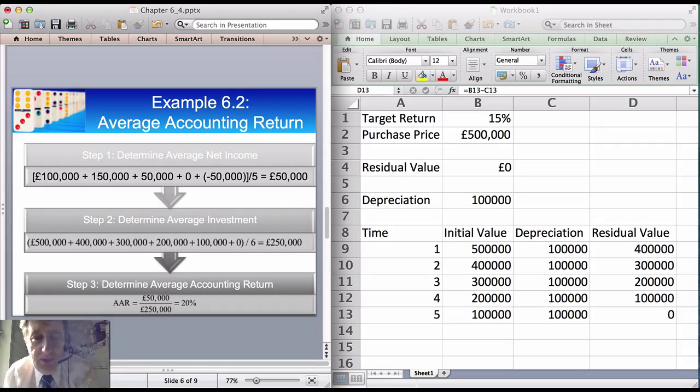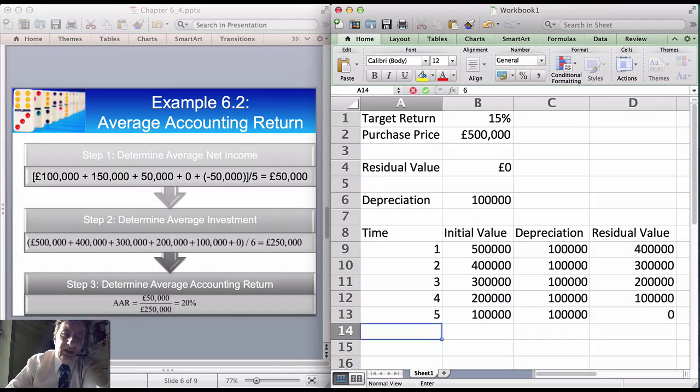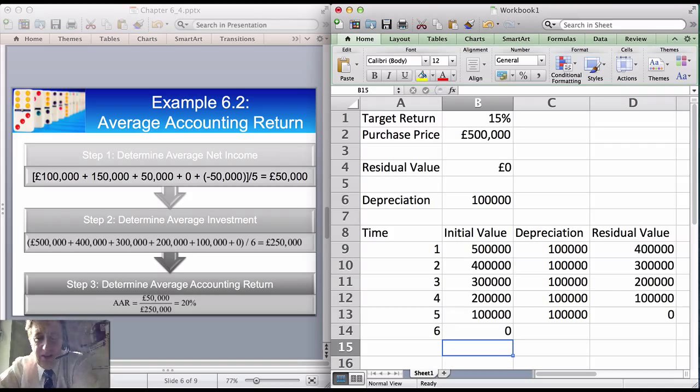Now, how do we calculate the average investment? Well, the average investment is slightly different because we start off with 500,000 and we end up with 0. So we actually have to treat 6 periods here because we're depreciating over the 5 years, which means we've got a starting value of 500, it goes to 400, 300, 200, 100, 0.